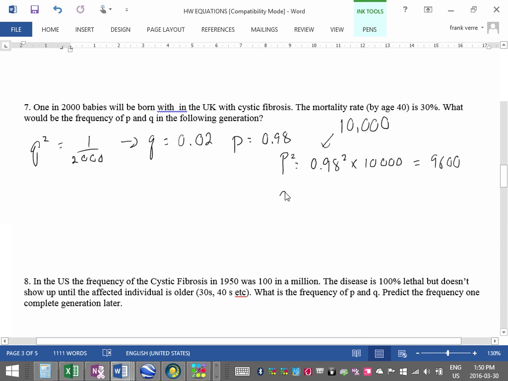All right. Now, Q squared. We can actually do it two ways. We know 1 in 2,000, which would be the same as 5 in 10,000, right? But what's 0.02 squared?